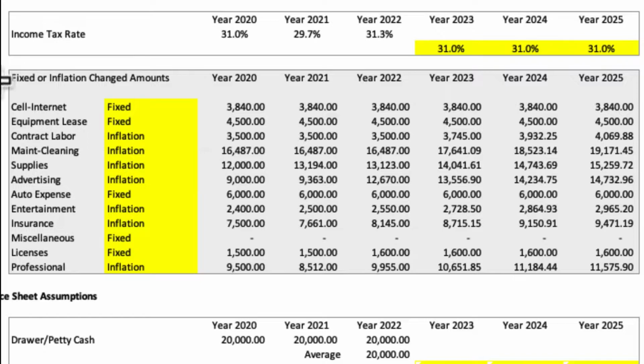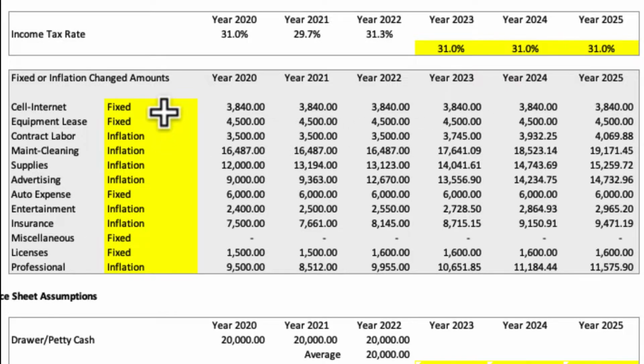This next section has several different line items in it, and often these specific items will either be the same amount year after year, plus or minus a little bit, or they might tend to grow with inflation.